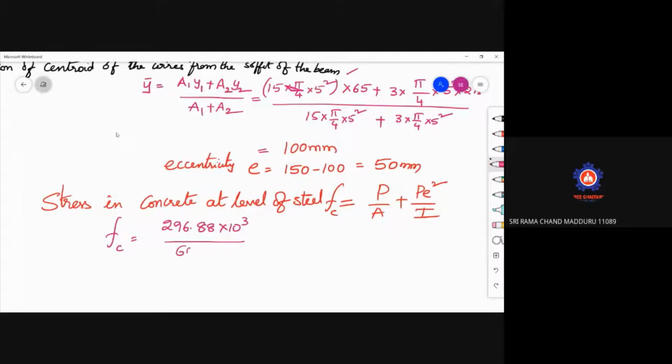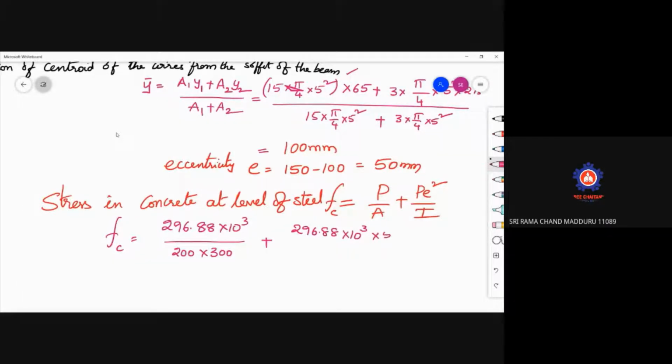Have we calculated these values or not? If you don't calculate, no problem. You can write down here A is the area of the cross section. So what is the area of the cross section? 200 into 300 directly. So this is 296.88 into 10 cube.